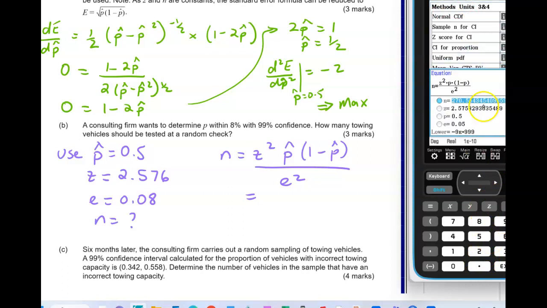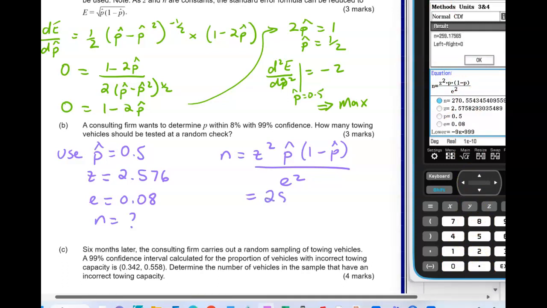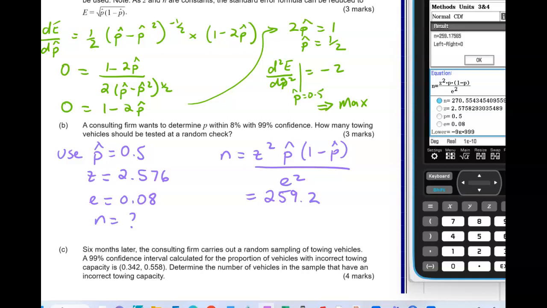And then sample N, margin of error is 0.08, solving for N. So 259.17 or 259.2 will do. So your natural instinct is to say 259, but if you do that, you will exceed the 8% error. And so we therefore need to round up.